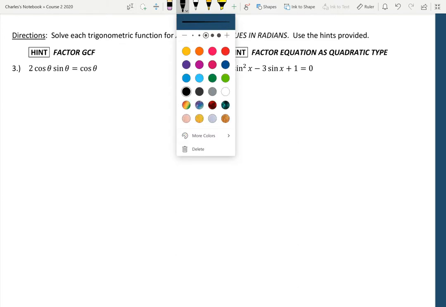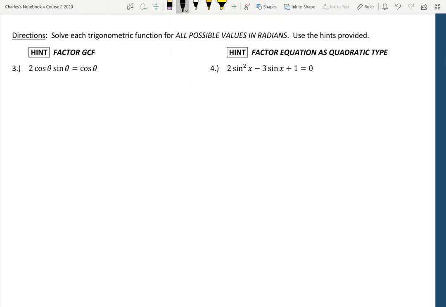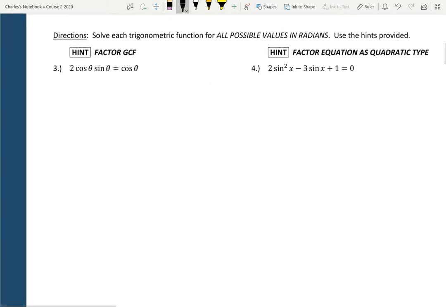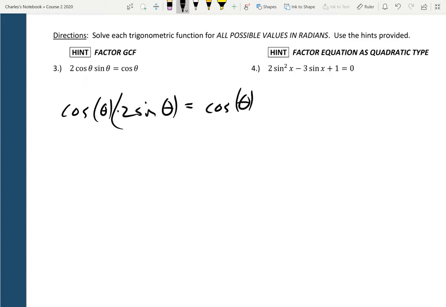Okay, so now let's look at some other ones. For something like this, this is factor the greatest common factor. If I factor out cosine theta, I get 2 cosine theta times 2 sine theta is equal to cosine theta.